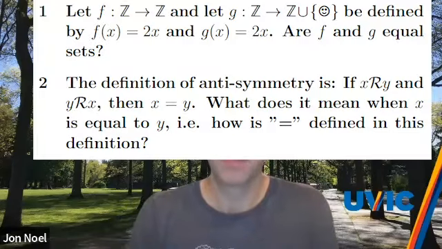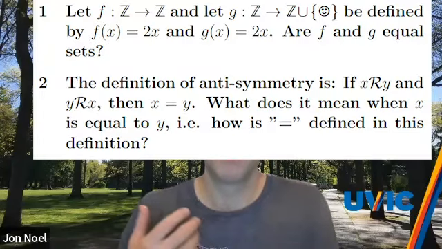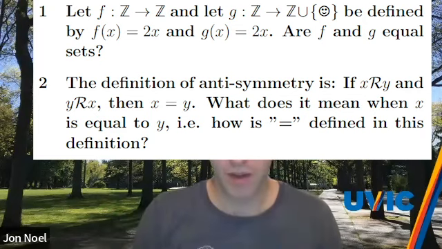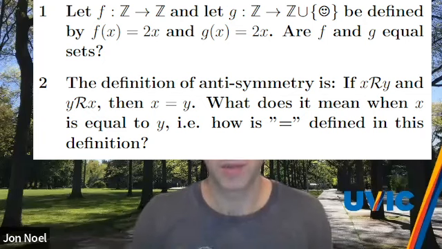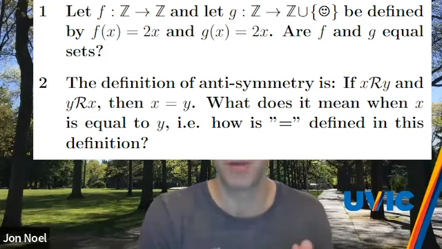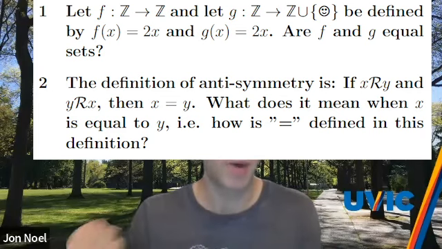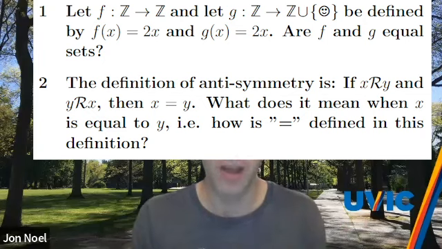The next question is about the definition of antisymmetry. The question is kind of a theoretical one. It's really asking, what does x equals y mean? Because remember, the definition of antisymmetry means that if x is related to y and y is related to x, then x equals y.